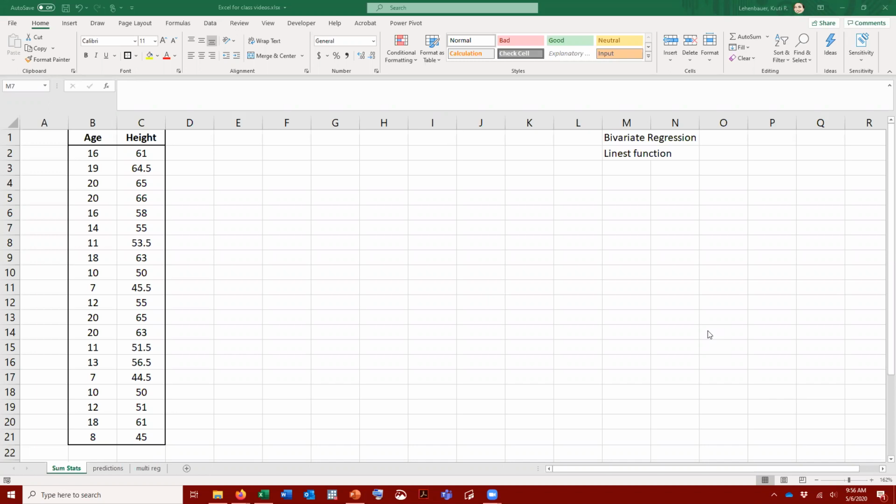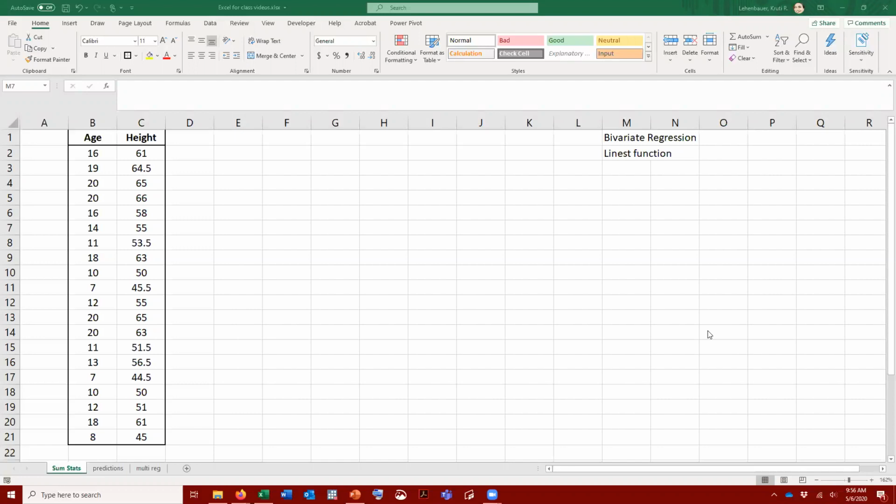Now ask yourself this before we start. We have data on age of a person and height of a person. Which one of these two would be the dependent variable? Dependent variable means something that depends on something else. So in this case, does age depend on height or does height depend on age?